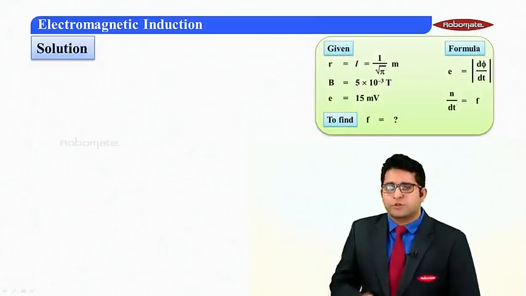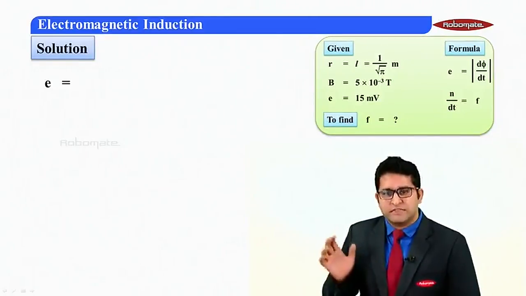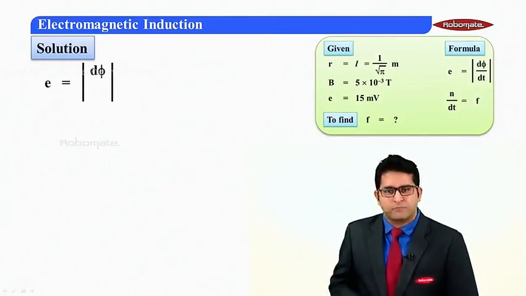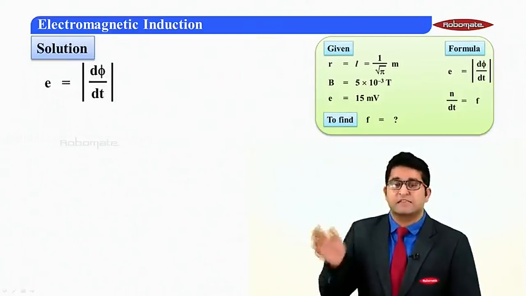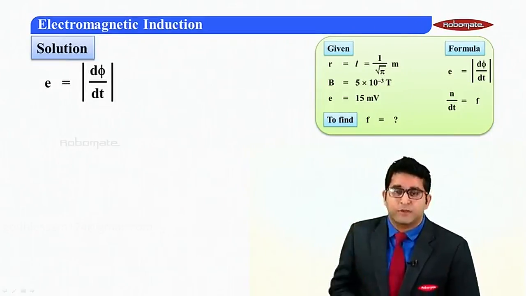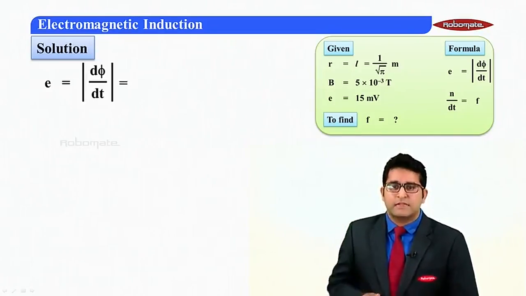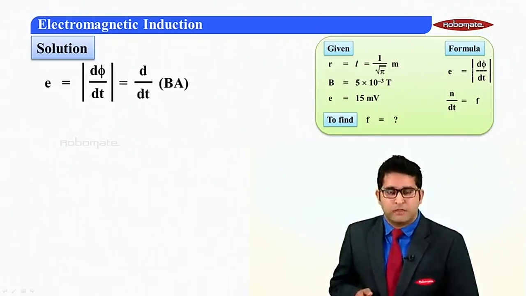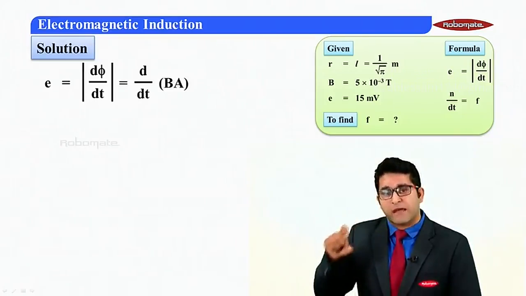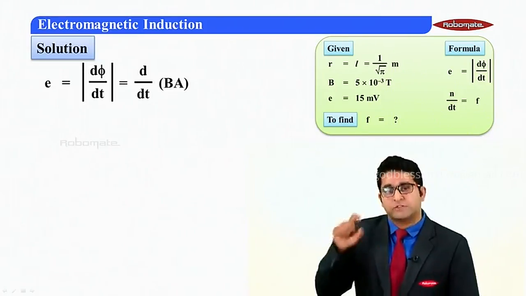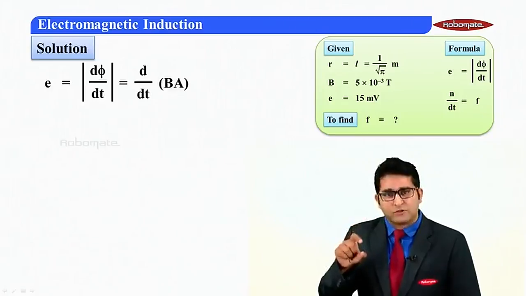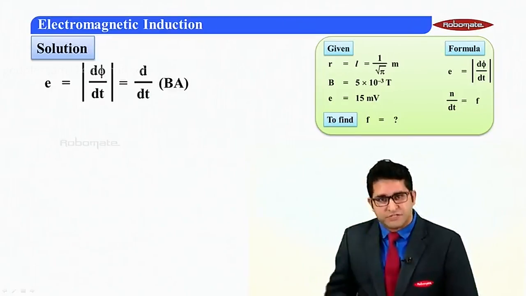Now students, we know that from Faraday's second law, E is equal to mod of d phi by dt. Now in this case, since the field is perpendicular to the plane, phi will be equal to B into A. So therefore I can write d dt of B into A. Now in this case, the magnetic field is uniform and it is constant. And as it is constant, it will come out of the differentiation sign.